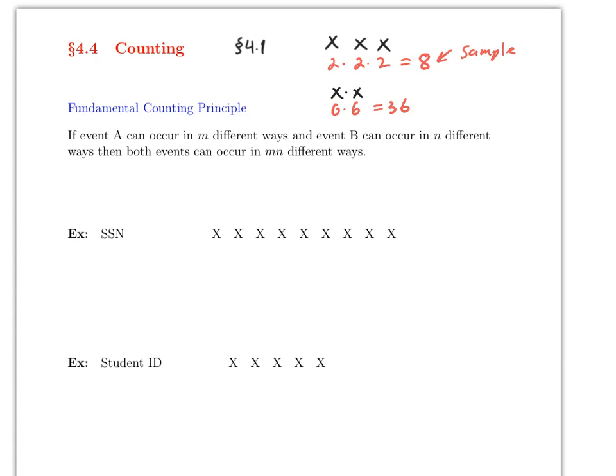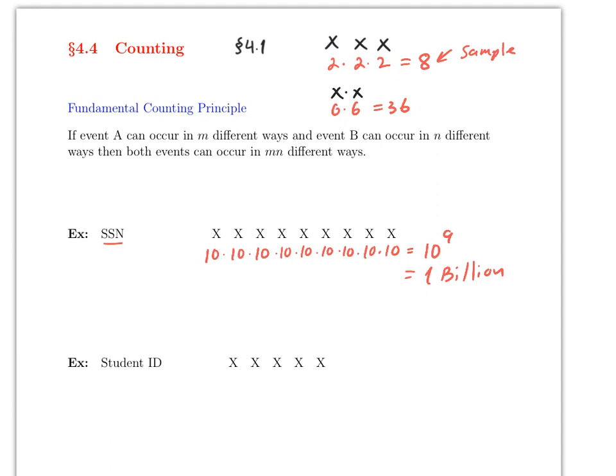So what we want to do in this section is the same thing, just in a more formal way. So for example, how many social security numbers are possible? Assuming you can use all the digits, you have 10 choices for each of them. So therefore this is 10 to the 9, which is around 1 billion. So that means there are 1 billion different social security numbers.